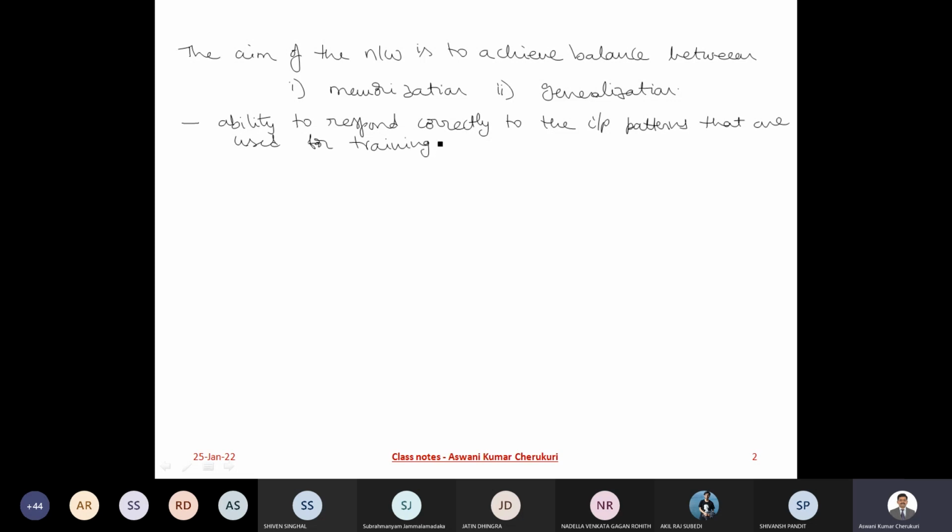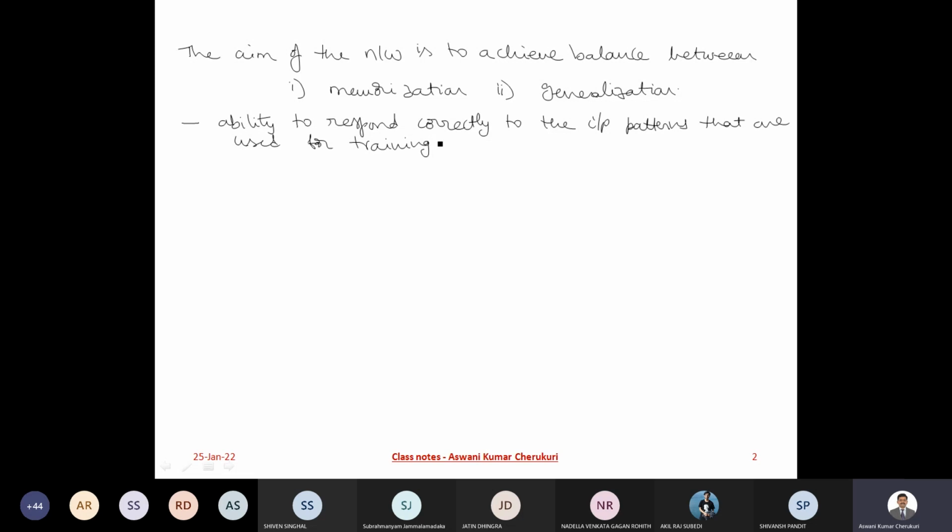That is memorization. Imagine if I give the input pattern of, say, 1 1 0, and the target output is 0.